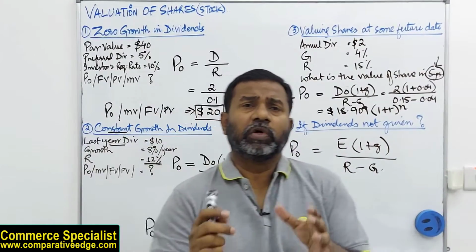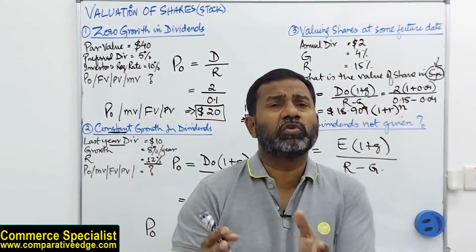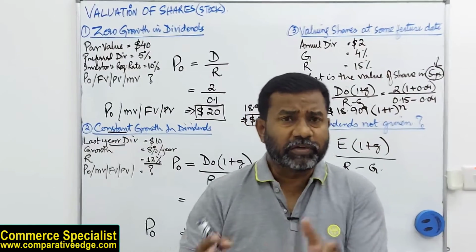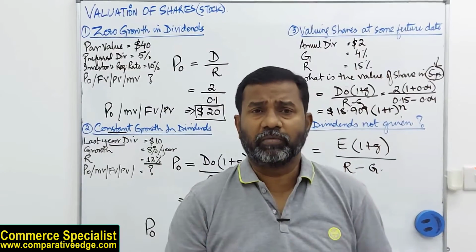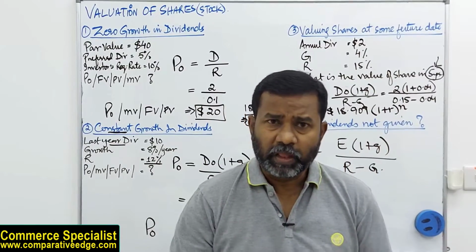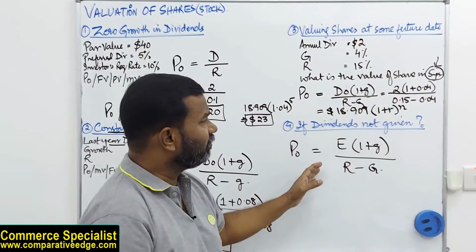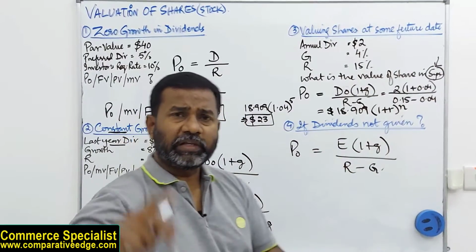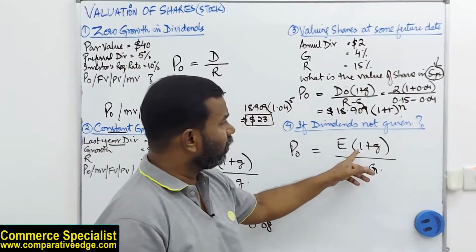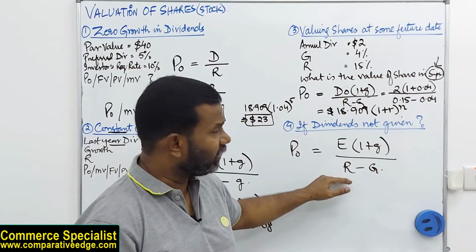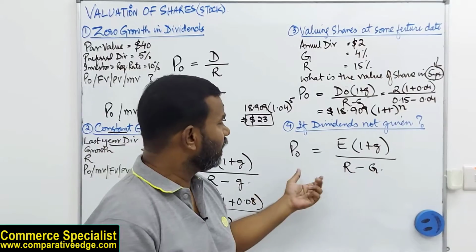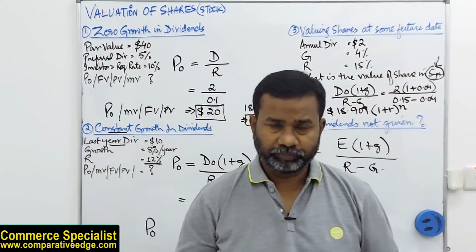So instead of the growth rate of dividends, you can also look at the growth rate of EPS, which is very much there on the face of the financial statements as per the requirement of IAS 33. So the rest is all the same. You look at last year's EPS, multiply by (1 plus g), divide by the investor's required rate of return minus the growth rate in EPS, and you will get the present value of the share.